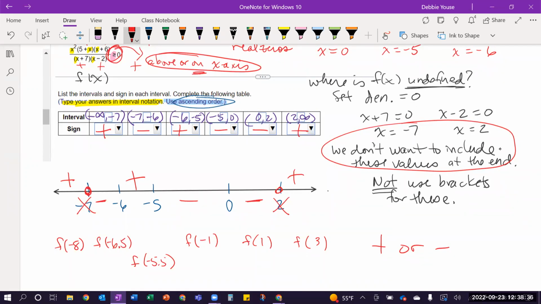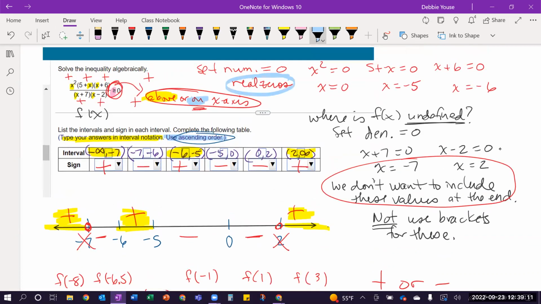And I need everything above. So that would be this first interval, so to -7, it looks like it would be this interval from -6 to -5. And then it looks like it would be not including 2 and going to infinity. But that's all the above part. The on part would be, remember I had these real zeros, those are on the x-axis.